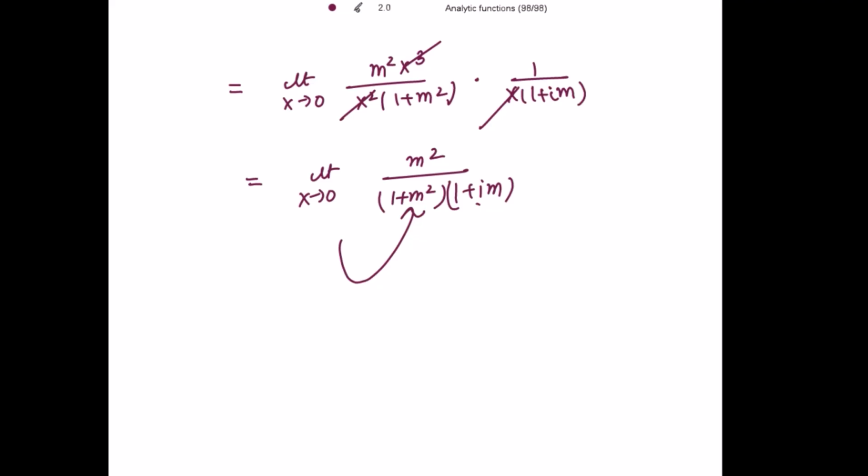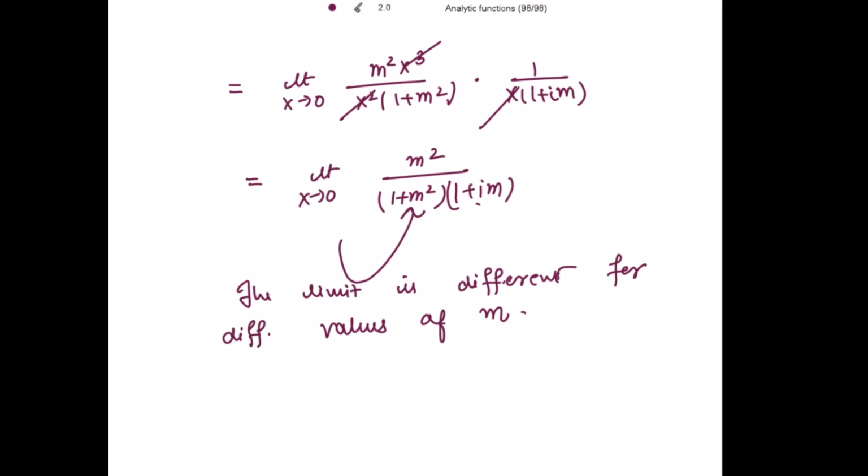So the limit is different for different values of m, which means the limit does not exist.